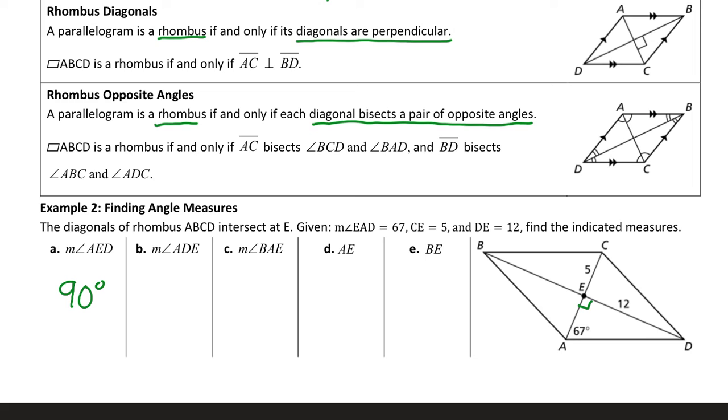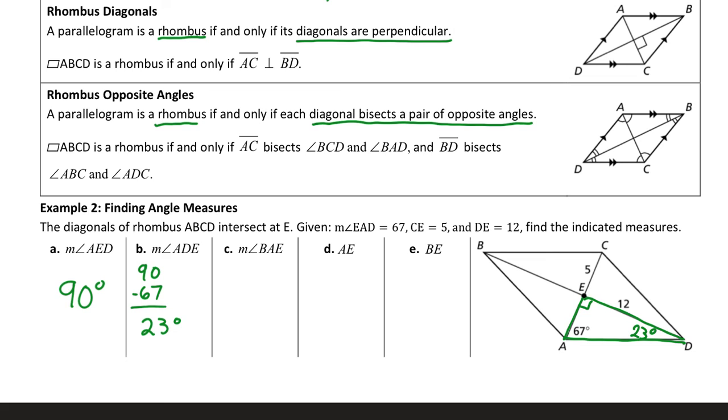For ADE, if we look at this bottom part of the rhombus as a triangle, where E is 90 and A is 67, I would find ADE by taking 90 minus 67, which makes ADE 23 degrees. Breaking up the rhombus into triangles really helps us narrow down what angle measures are.